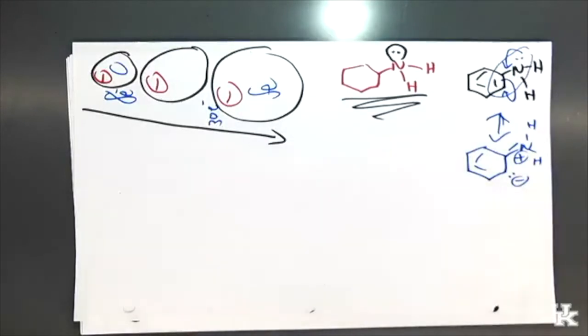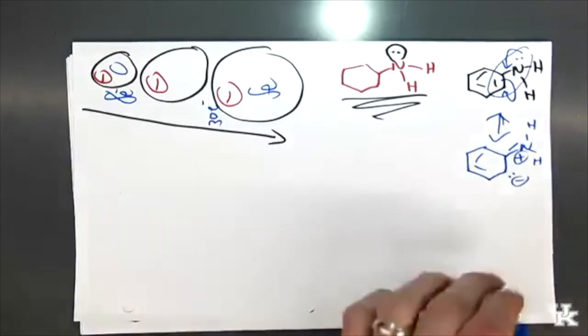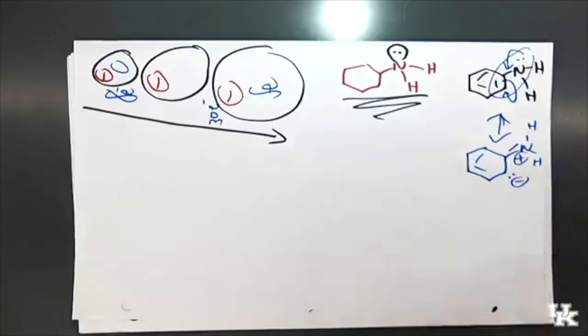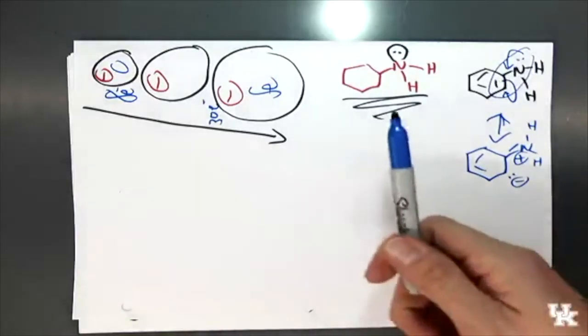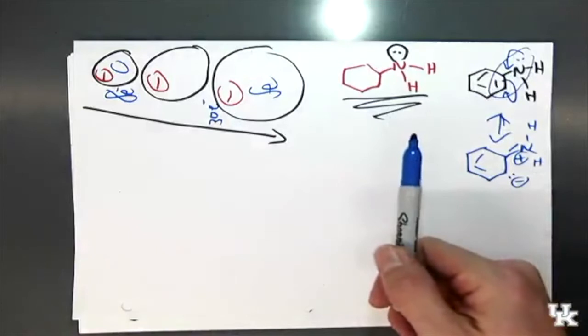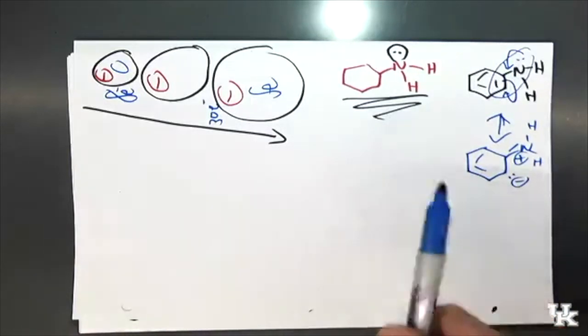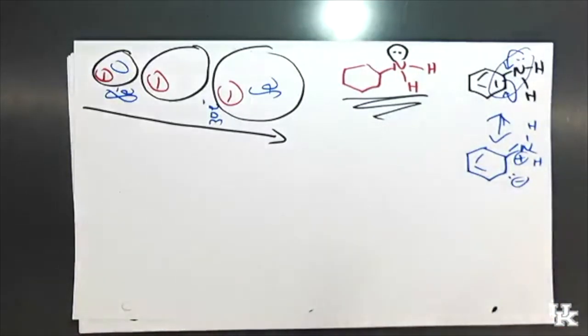And so if the lone pair is delocalized, it doesn't act as a base nearly as well because the charge is all spread out. And that's primarily the reason why the pKa of the cyclohexylamine nitrogen is much higher than that of the aniline nitrogen.